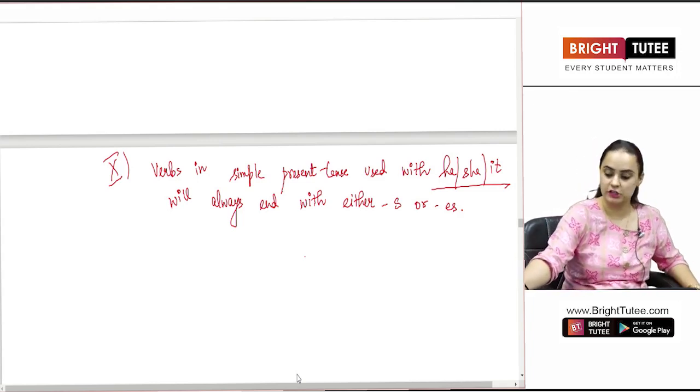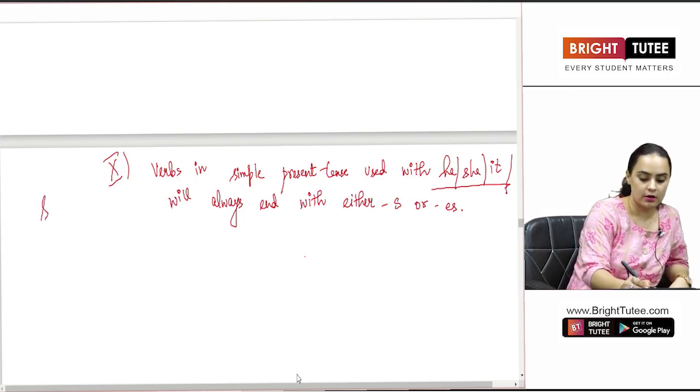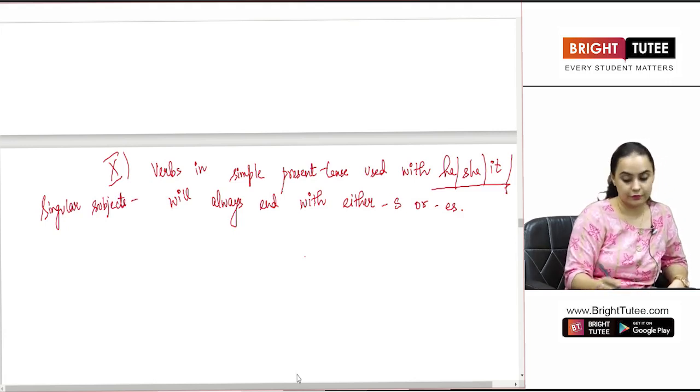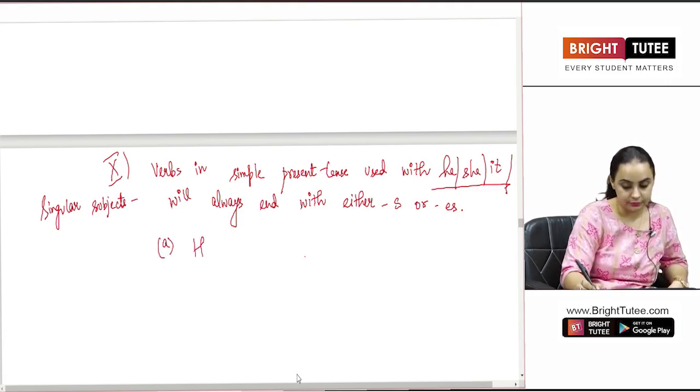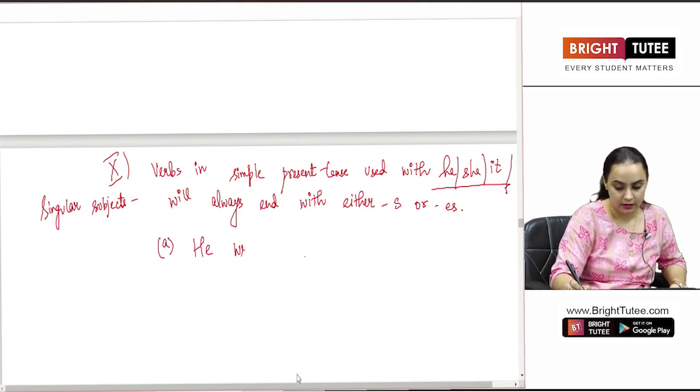So, either he, she or it or the singular subjects. For example, he writes very well.